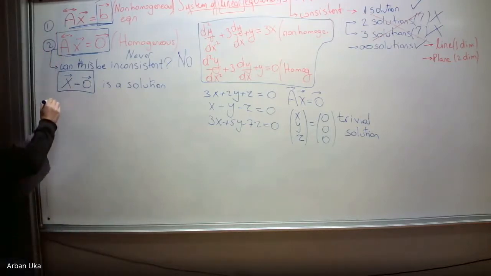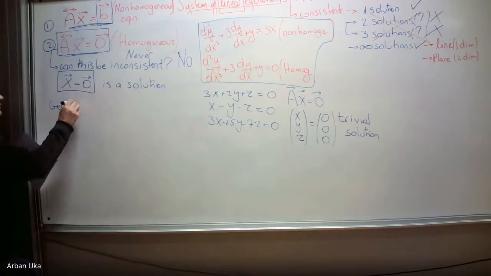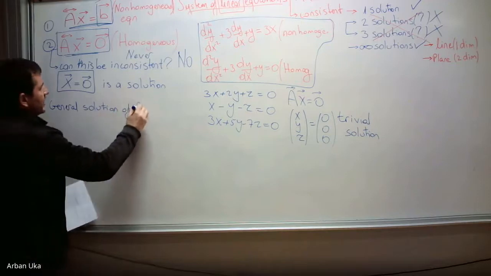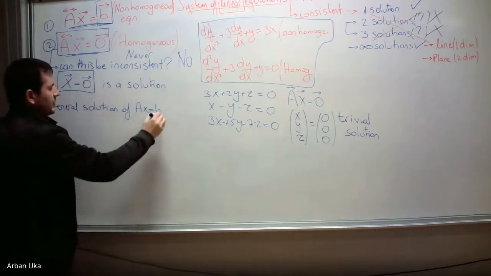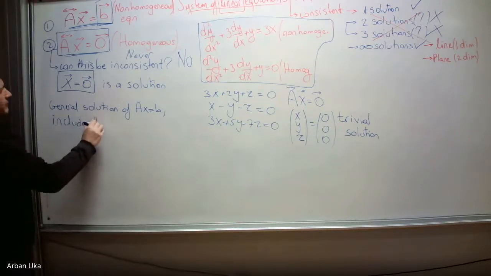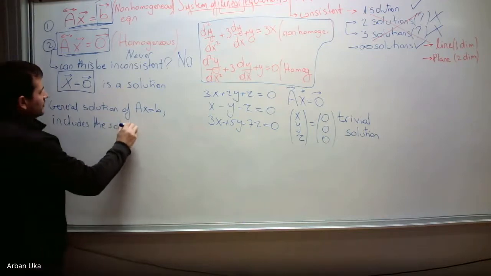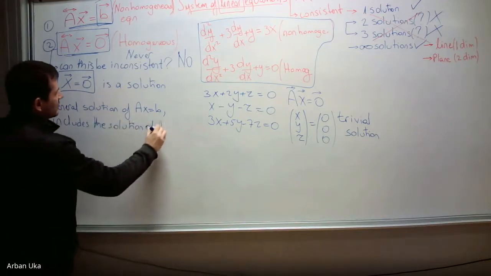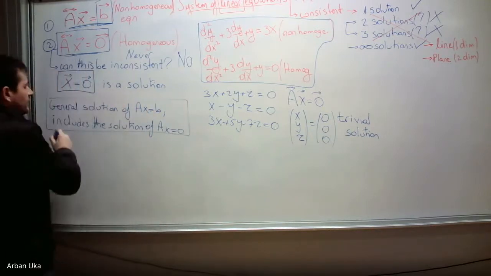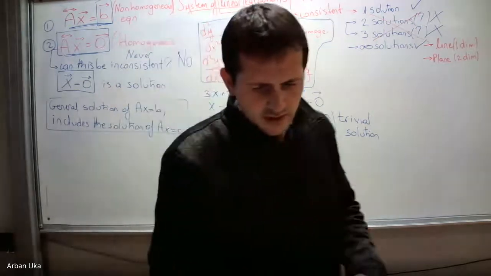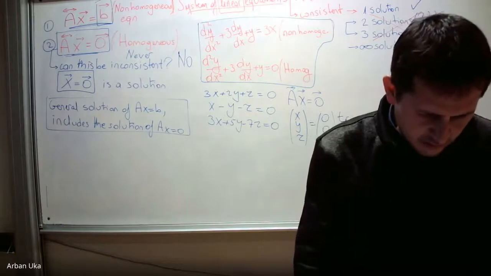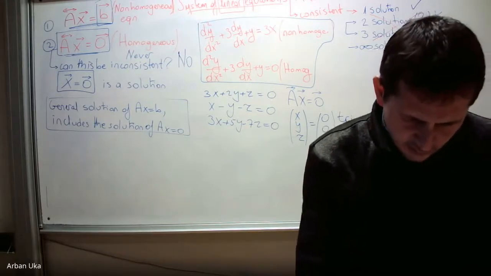Here, we can say that the general solution of Ax equal to b includes the solution of Ax equal to 0. This is essential. This is actually a theorem, which states that the general solution of Ax equal to b includes the solution of Ax equal to 0.